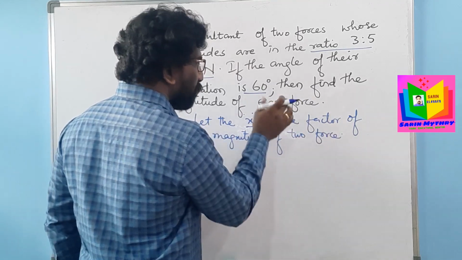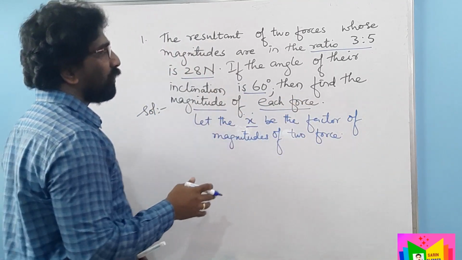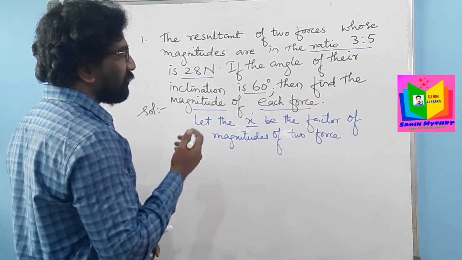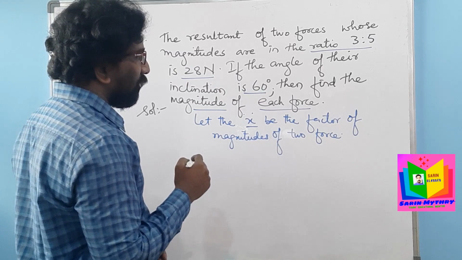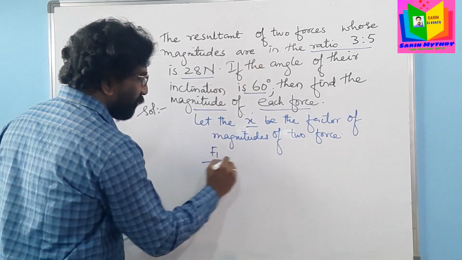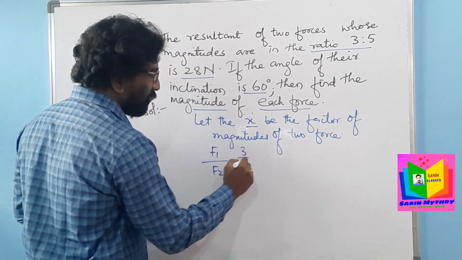Why? Because we are supposed to find out the magnitude of each force. Now consider the two forces as vectors. Why? Because we are dealing with vector addition. So it is mentioned that F1 is to F2, the two forces, are in the ratio 3:5.